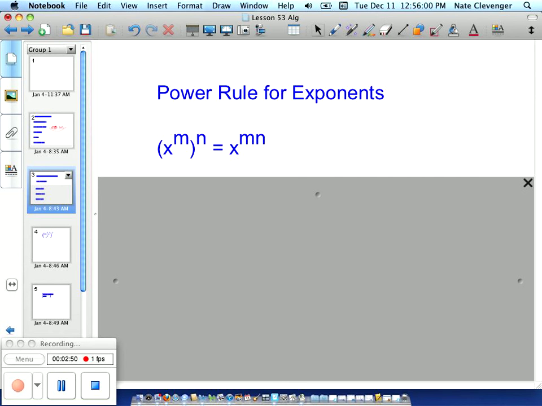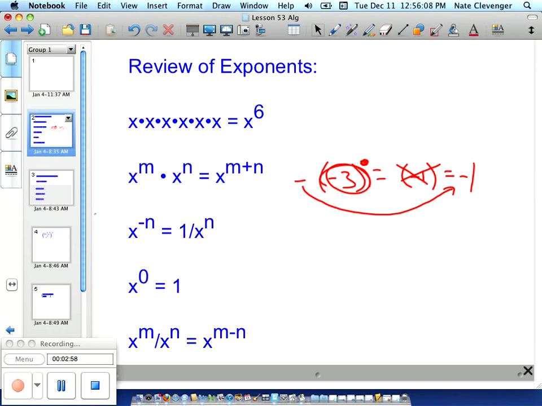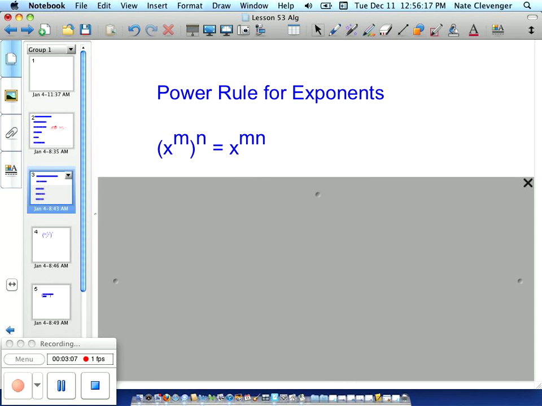Since we're taking an exponent to another exponent, then you do multiply those. That's different than this situation when you're multiplying bases. Here we're multiplying bases that are the same, so we added the exponents. But on this, you're taking an exponential to a power. And we'll look at the actual process here in just a minute.